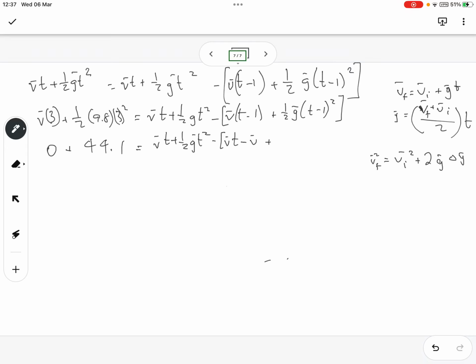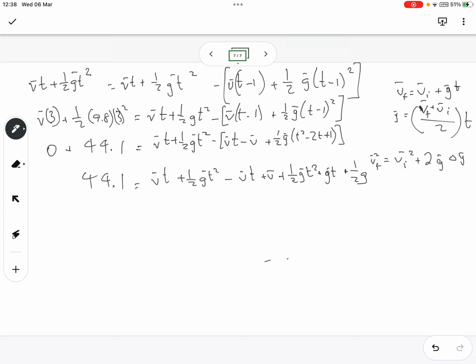vt is half g t squared minus vt plus v into g t squared minus 2g plus 1 t squared plus half g t squared, minus vt plus v plus a half g t squared plus gt plus a half g plus 44.1.